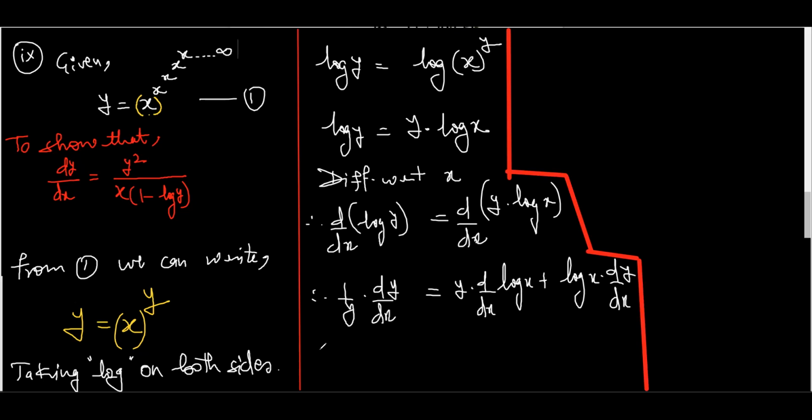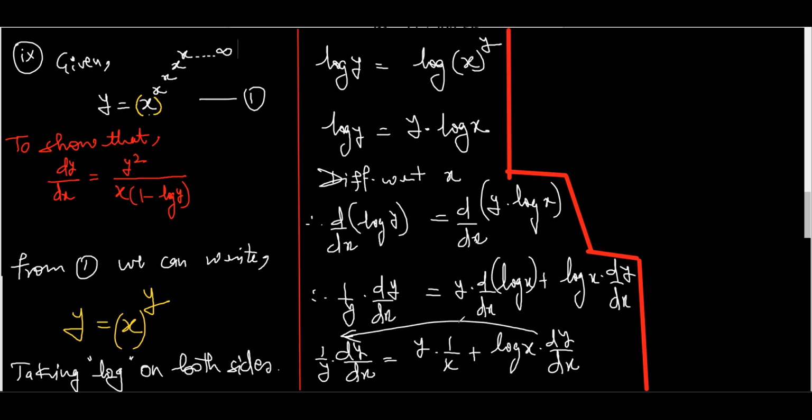So 1 upon y dy by dx equals y into 1 upon x, since d by dx of log x is 1 upon x, plus log x dy by dx. Now this dy by dx I will shift on the left hand side.